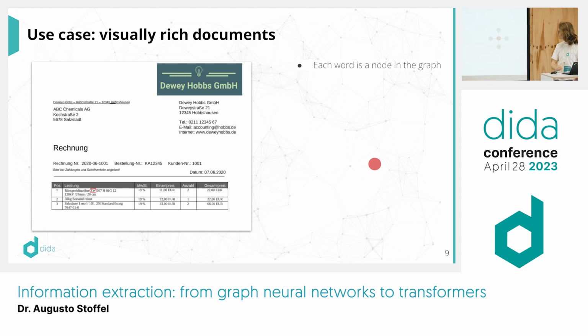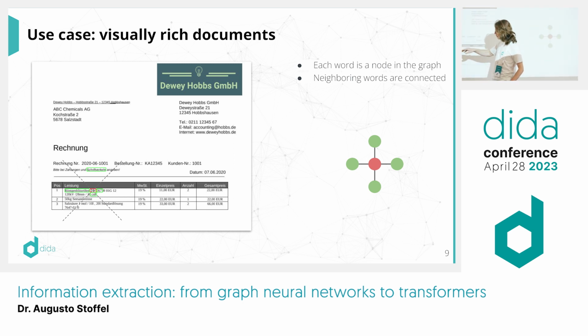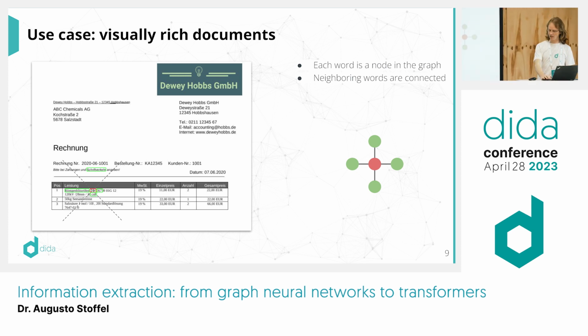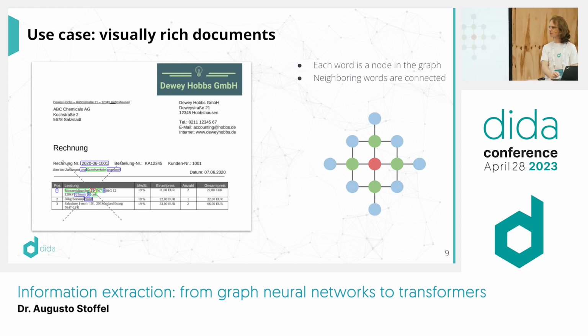For each word, we look at this quadrant, the stuff above, below, and to each side, and we look at the nearest neighbor of this word in each direction. Those are also nodes in our graph, so we add an edge connecting those nodes. Then we look again at these neighbors, the neighbors of the neighbors, and so on and so forth. You keep going like this, you cover the entire page, you get a graph.